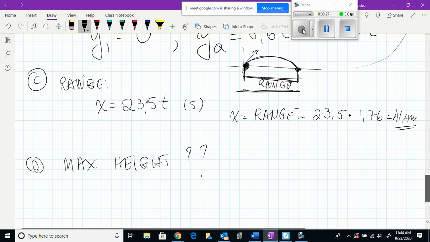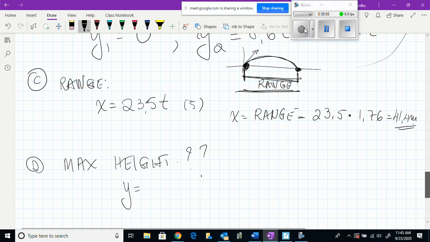Equation 1, 2, 3, 4, 5, or 6? Yes, it is 6. Because I'm looking for a displacement, I will pick either equation 5 or equation 6. But in which axis am I looking, horizontal or vertical? Since I'm looking for the maximum height, I'm looking at the vertical, so I will pick equation 6.